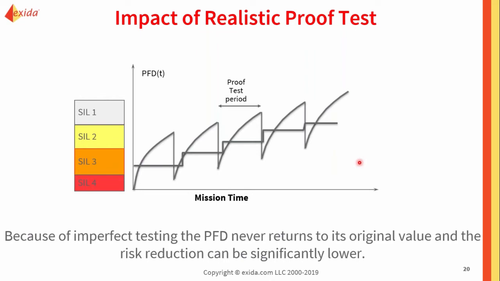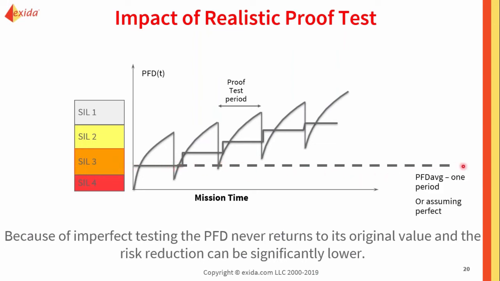As we know, the standard allows you to take the PFD average, because you don't know exactly when in this time a failure could happen, so you take the average of it. The first proof test period, we're going to have a PFD average right around here. That PFD average would stay the same if you're saying that you do a perfect proof test and it comes right back down. Those spikes would look more like the last slide.